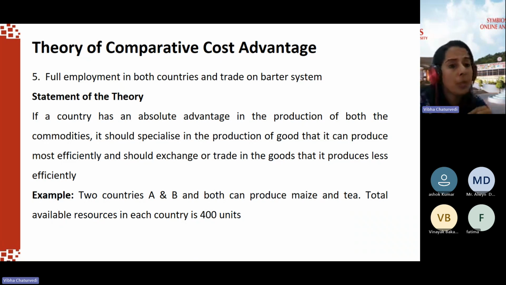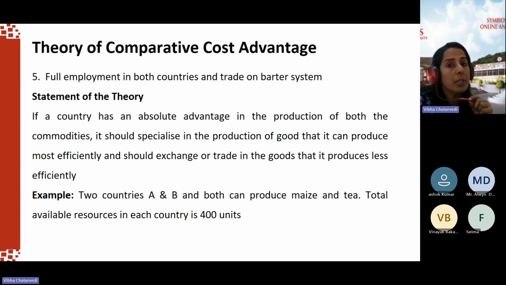Now, the statement of the theory says that if a country has an absolute advantage in the production of both the commodities, it will specialize in the production of only that good that it can produce most efficiently, and will exchange and must exchange or trade in the goods that it produces less efficiently.